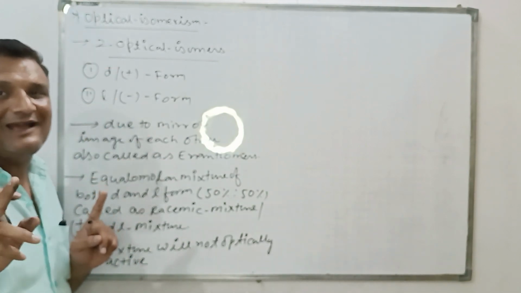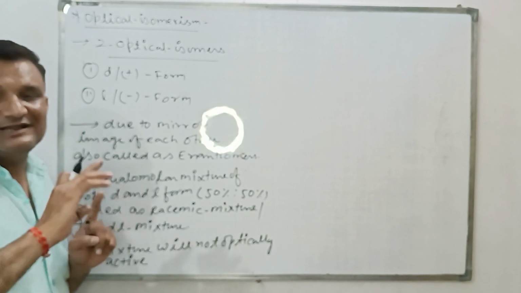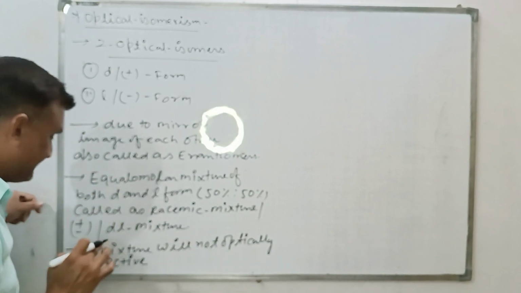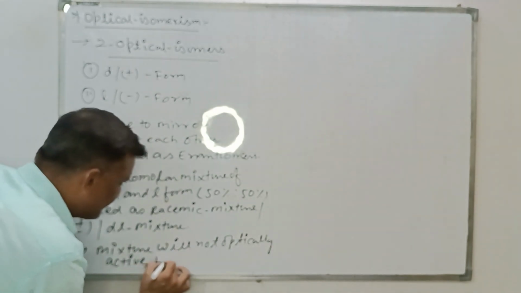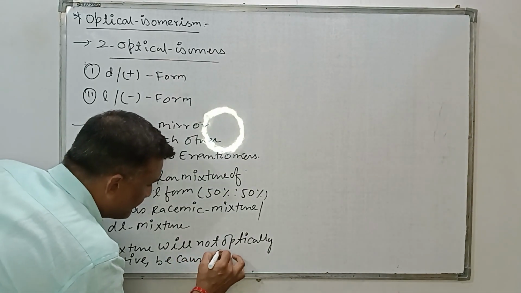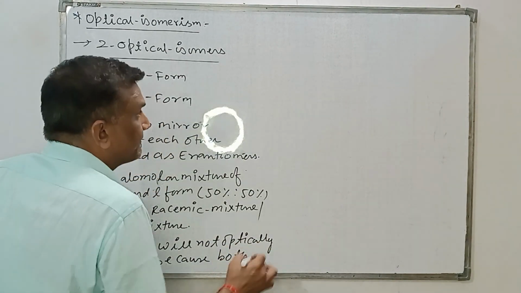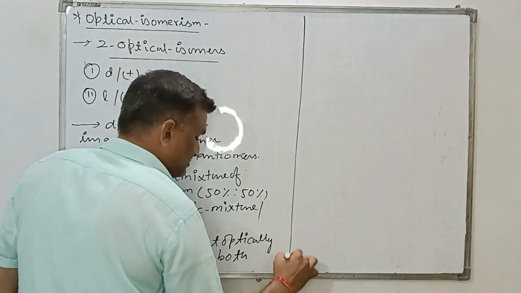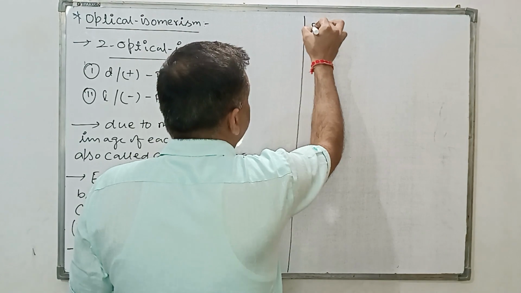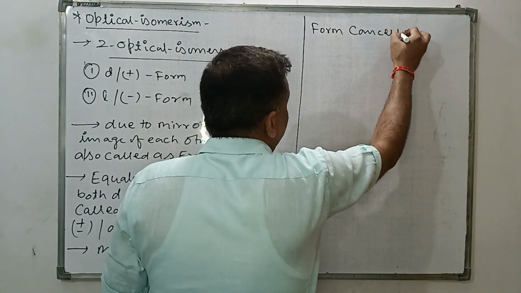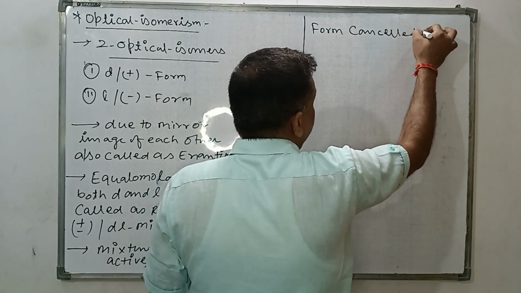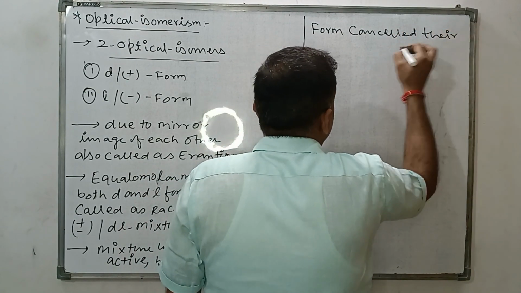This factor is called external compensation. So the mixture will not be optically active because both forms cancel their rotation.